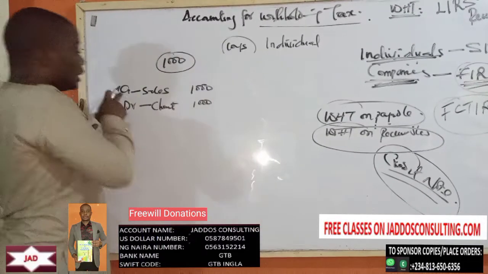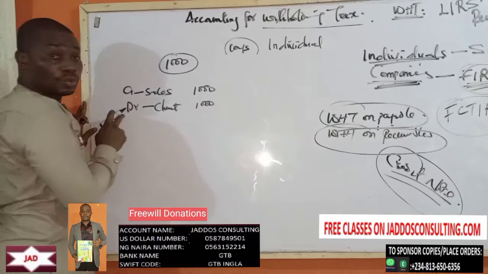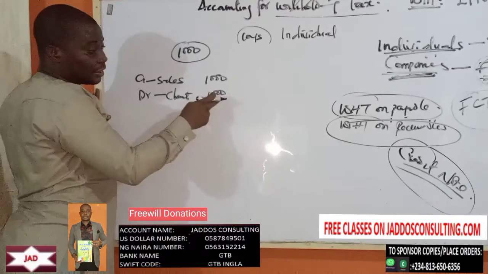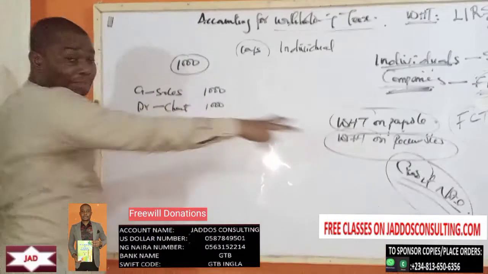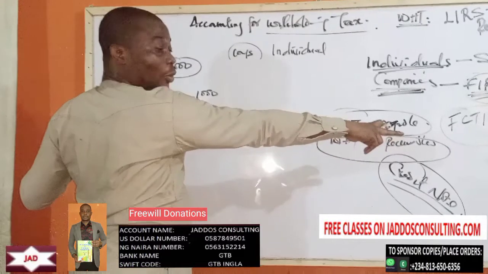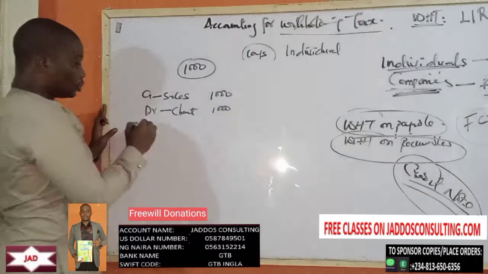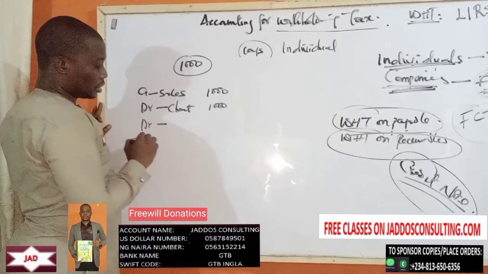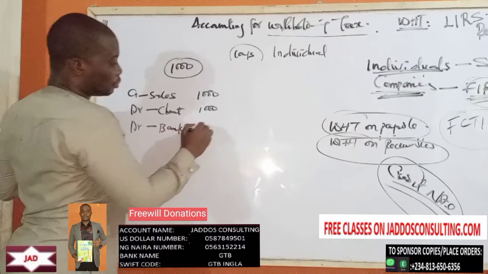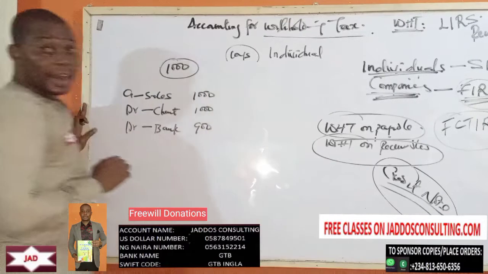So that means that this guy is owing you 1,000. But when this guy pays, it's going to pay you less 10%. So what does that mean? It means that if it pays into your bank account, you're going to debit your bank, right? With how much? Now 900 naira.